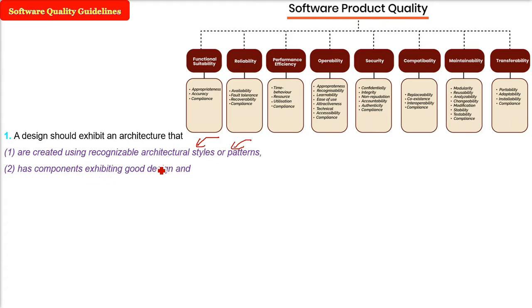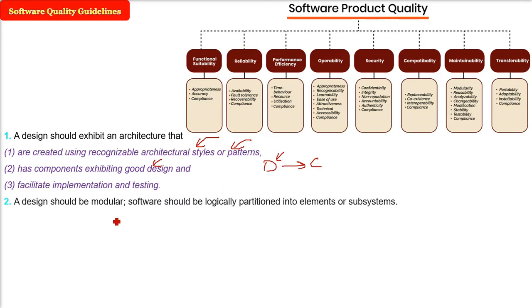It has components, as I said, like a payment gateway or some other already existing code. It should have good design, and it should facilitate implementation and testing. Because when you design, it should just flow into the coding.